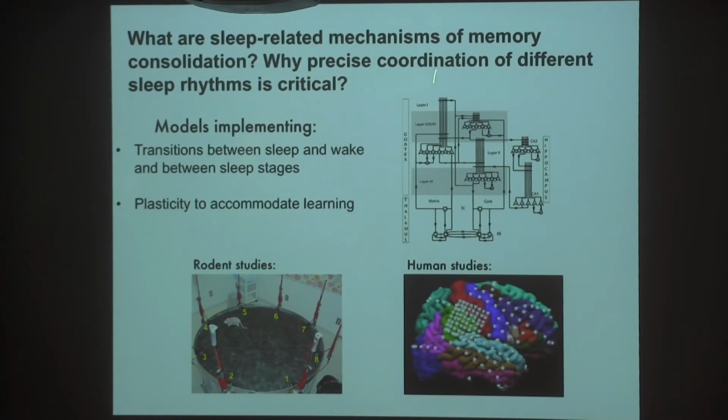My lab is mainly doing computational work, and we use both animal data and human data. This is particularly from Jean-Marc Fillou's study, where a rat learns a particular sequence of places, and they do recordings in cortex and hippocampus at the same time.